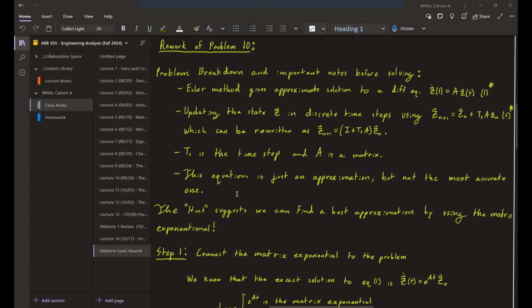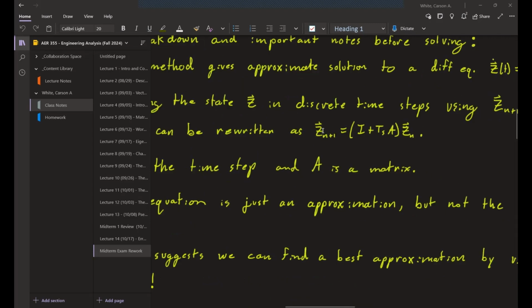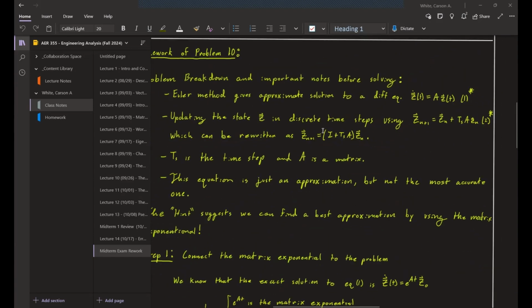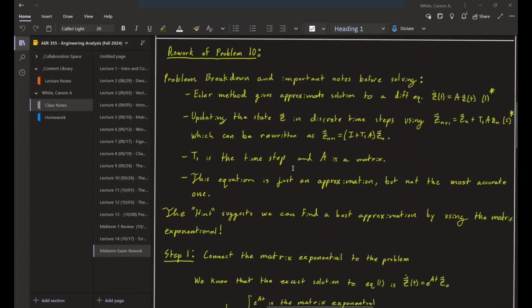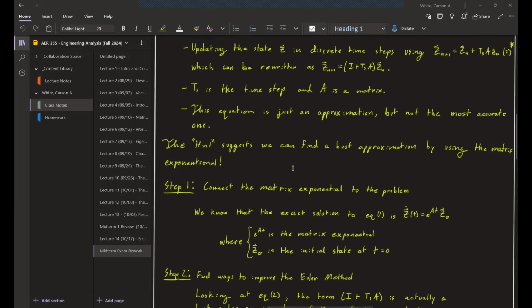The hint suggests that we can find a best approximation by using the matrix exponential. This pretty much tells us that the original approximation we were given right here is not the best one, so we need to find a better one.